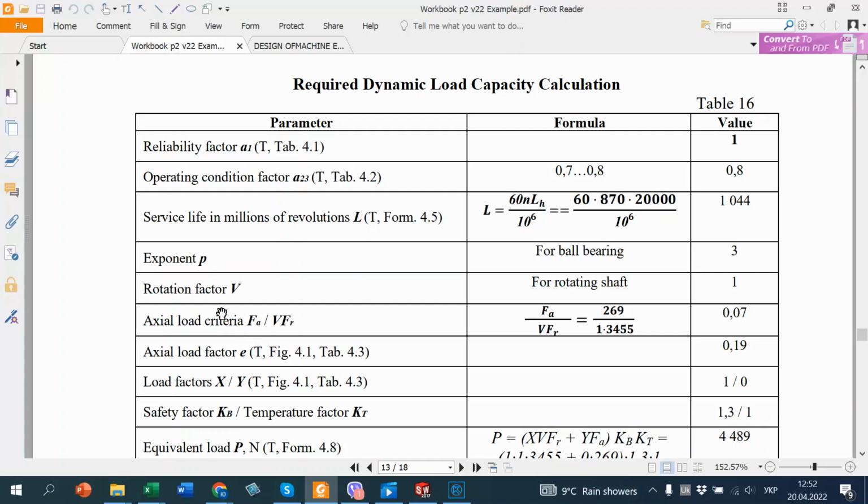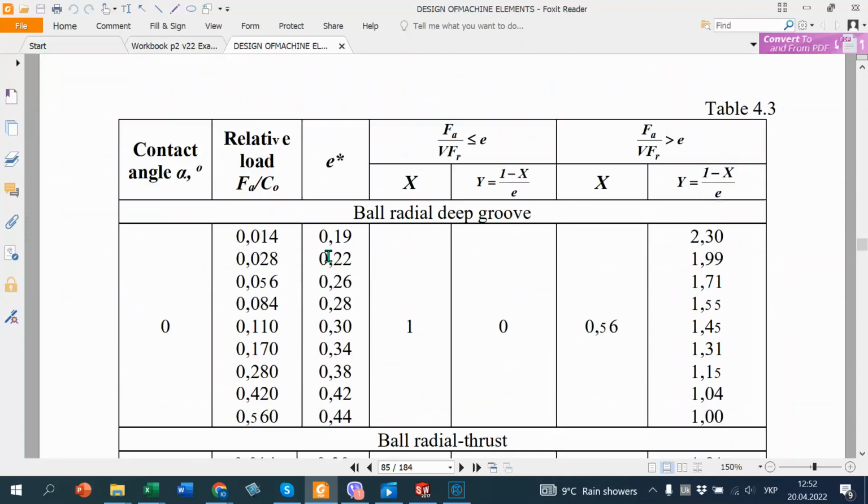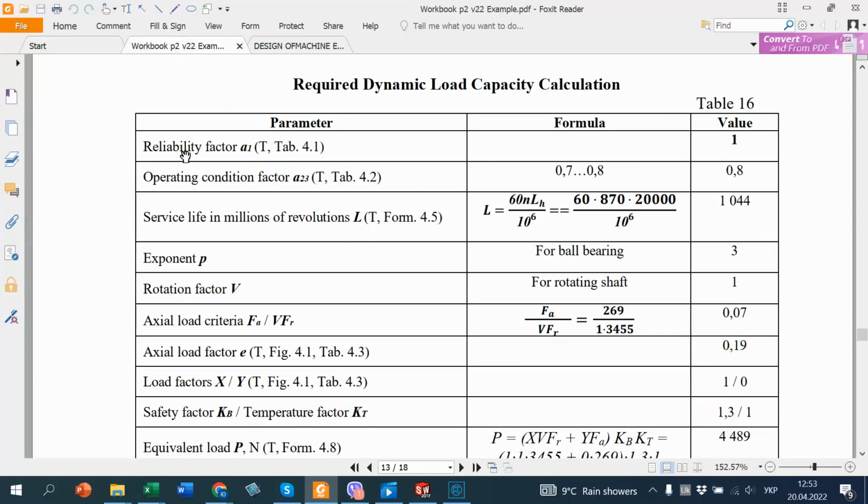So what about the axial load factor? Here we consider the so-called axial load factor. This factor shows us whether we should take axial load into account or not.